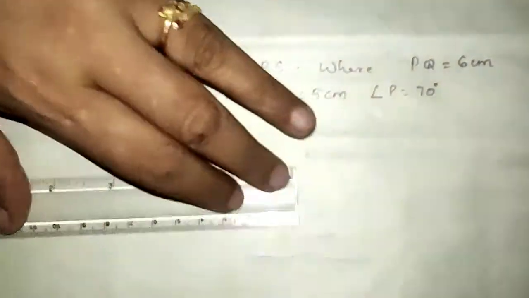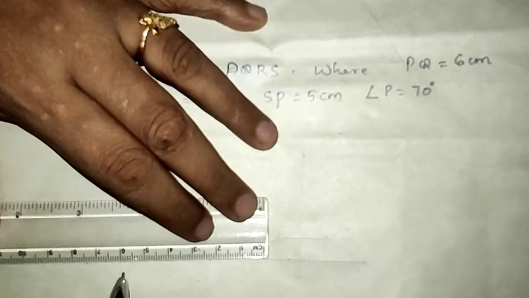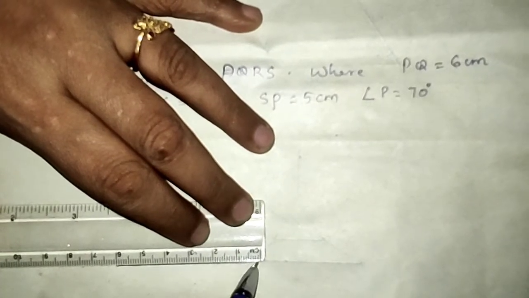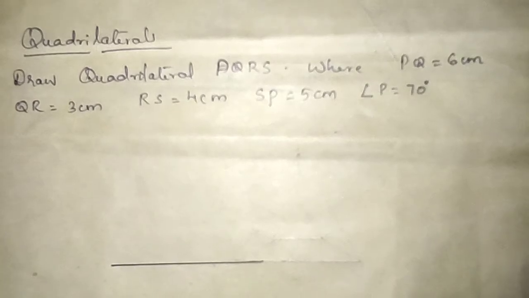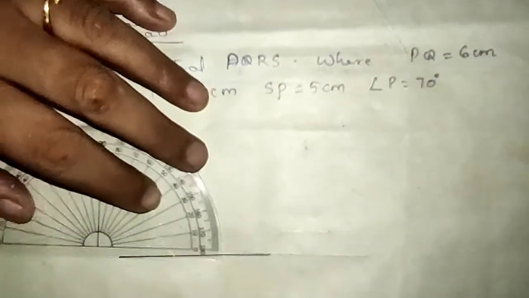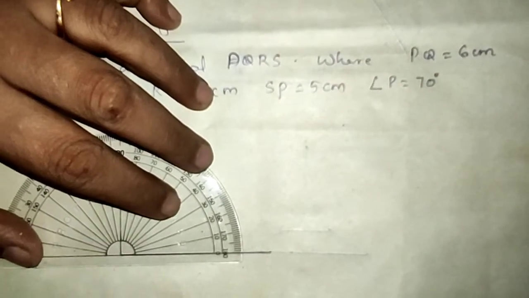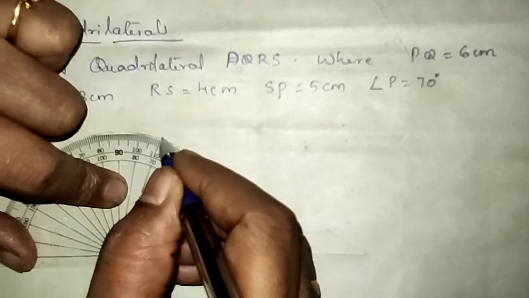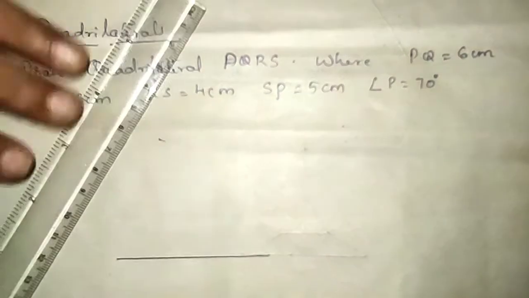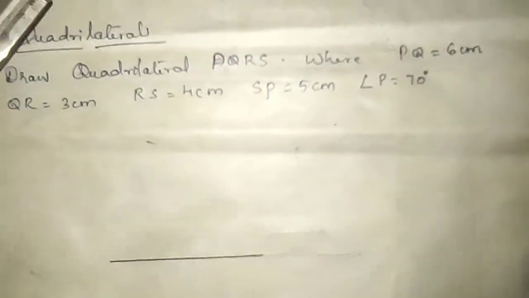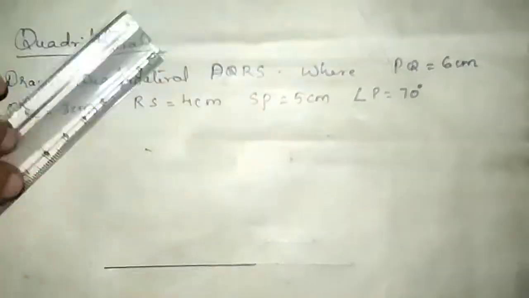So first step, draw our PQ. For that draw a line of length 6 centimeter, then measure 70 degree at its end. Angle P is equal to 70 degree. So measure 70 degree here. Then on this line we need a 5 centimeter, because our SP is equal to 5 centimeter.